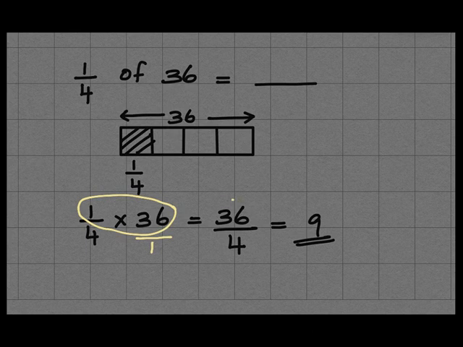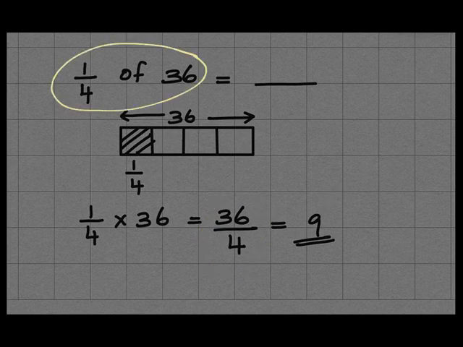So 1 times 36 is 36, and 4 times 1 is 4. The next step is 36 over 4. How many 4s go in 36? Use the 4 times table. 4 times 9 is 36, right? So write the number 9. 9 is the answer.